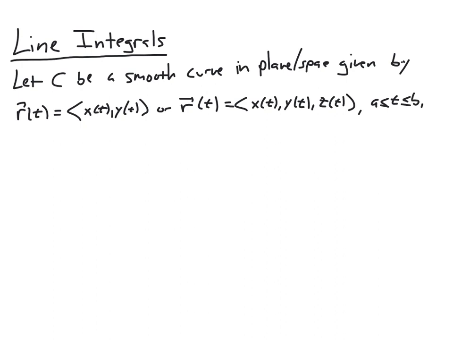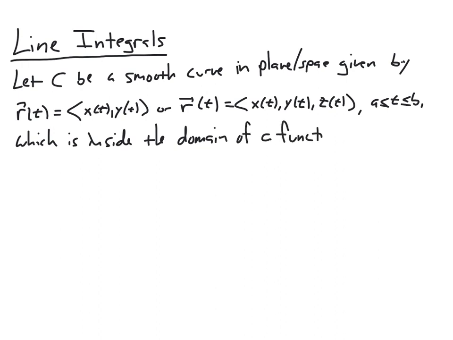So those are both inclusive, including a and b, so a closed interval, which is inside the domain of a function f of xy or f of xyz, respectively, in the two cases.